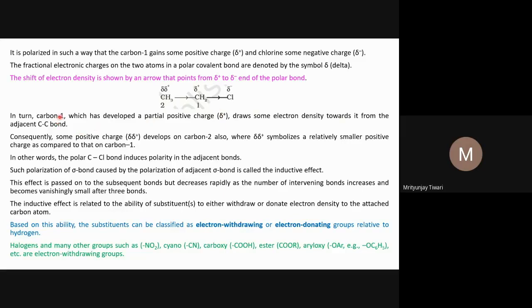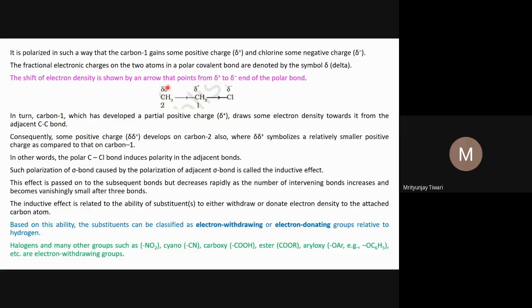Carbon 1, which has developed a partial positive charge delta plus, draws some electron density towards it from the adjacent carbon-carbon bond. Consequently, some positive charge, delta delta plus, develops on carbon 2 also, where delta delta plus symbolizes a relatively smaller positive charge as compared to that on carbon 1.